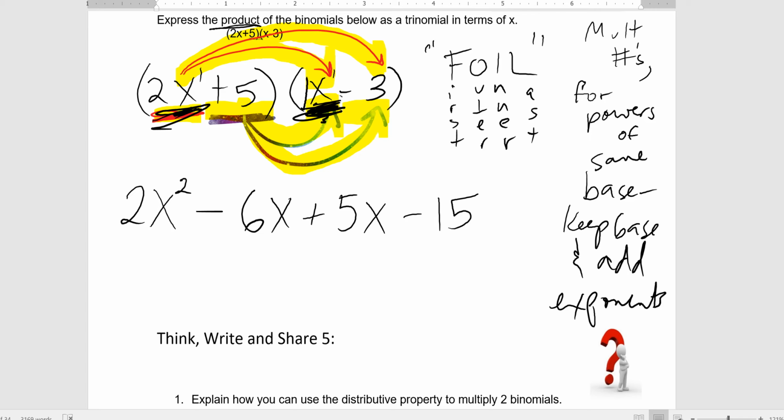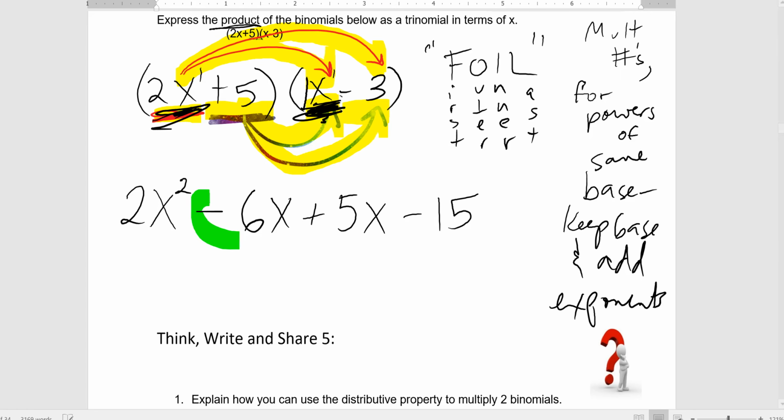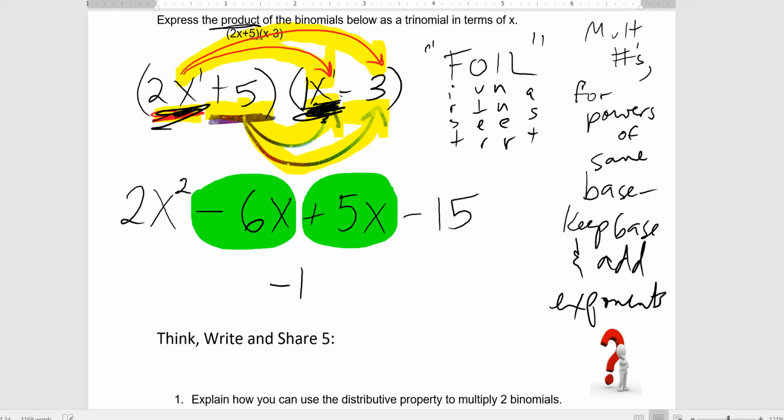Okay, when we're done, going back to the concept of your grocery list, you should see that we have like terms. Negative 6x and positive 5x are both x terms, right? We could combine them together, make it a simpler expression to read. Negative 6 plus 5 is negative 1, and the x doesn't change when we are adding, right?